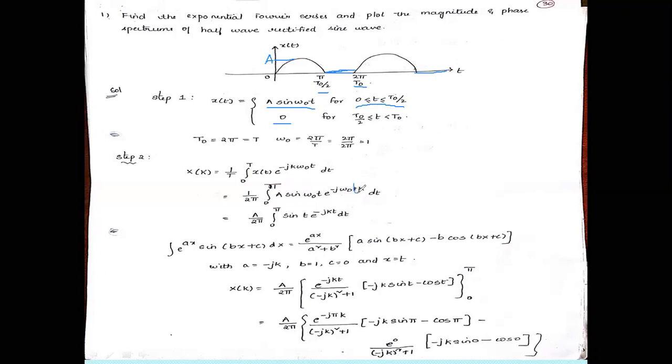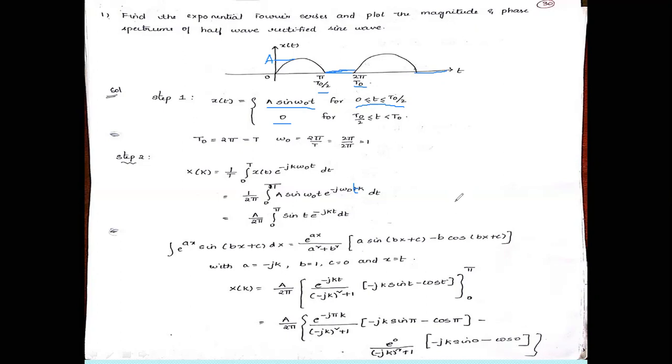This is a function of t, my dear students, and this is a function of k. And A by 2 pi, the integral 0 to 2 pi, sine t e power minus jkt. You know, this is the equation for e power ax sine bx plus c.